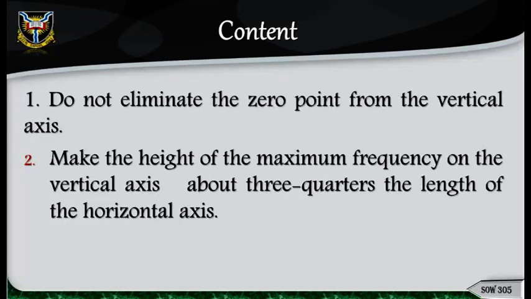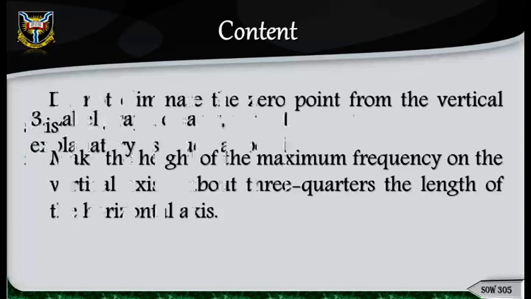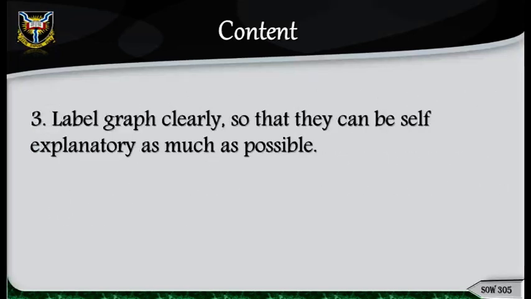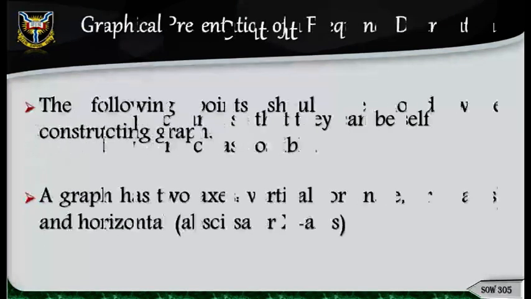Do not eliminate the 0 point from the vertical axis. 2. Make the height of the maximum frequency on the vertical axis about 3/4 the length of the horizontal axis. This is just an arbitrary rule to prevent subjectivity from creeping in. 3. Label graphs clearly so that they can be self-explanatory as much as possible.